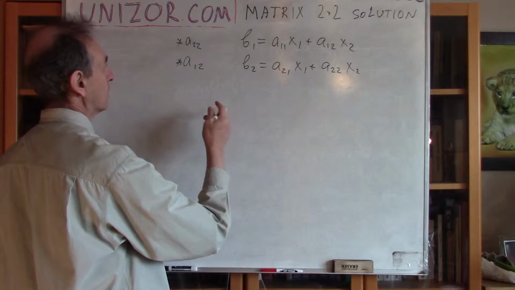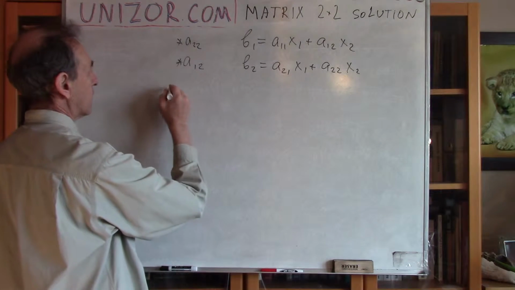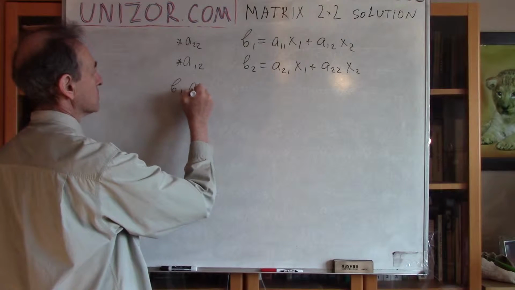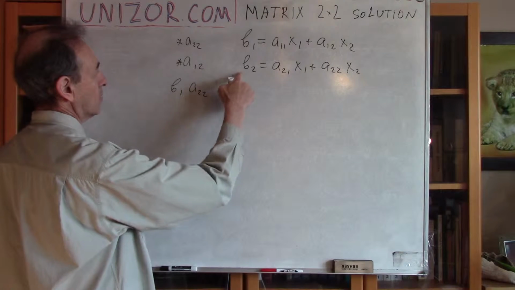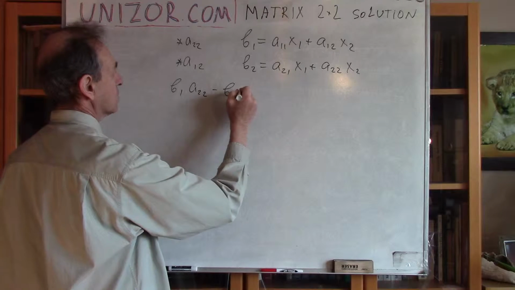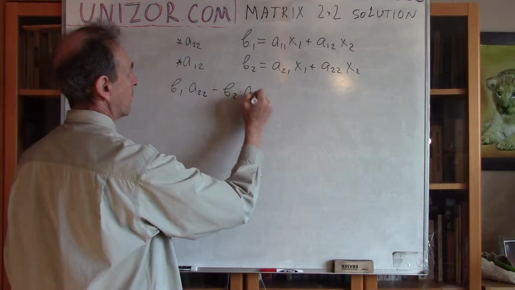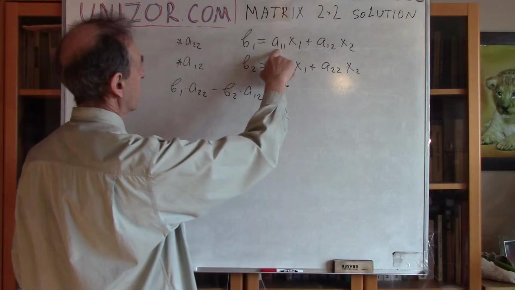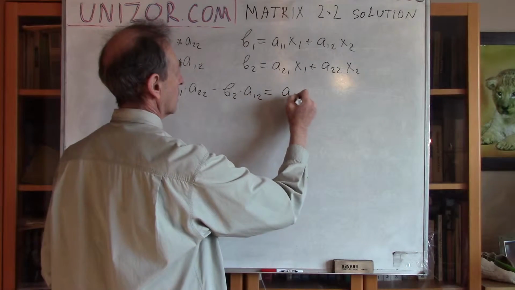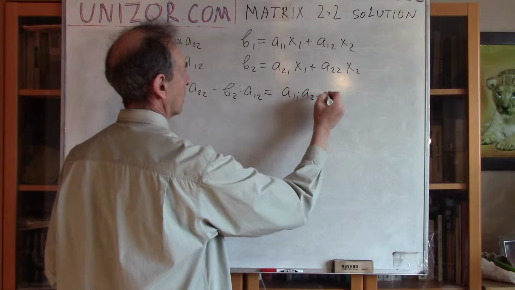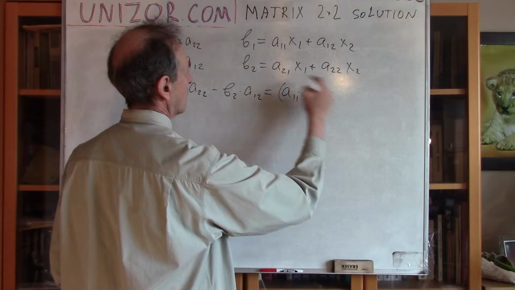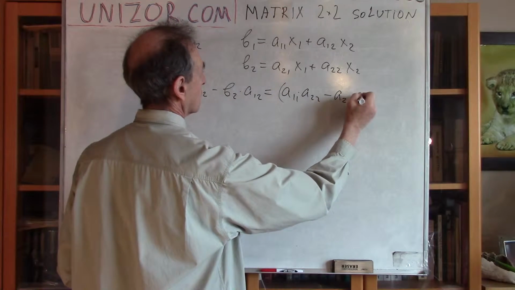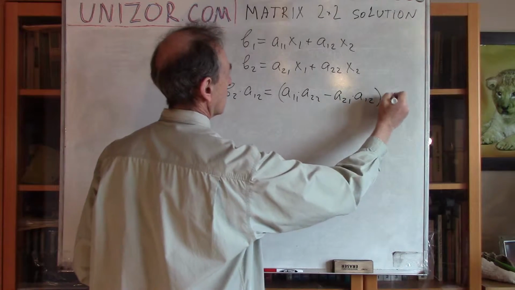So what I will have is, on the left, b1 times a22 minus b2 times a12, equals, and on the right I will have a11 times a22 minus a21 times a12, times x1.